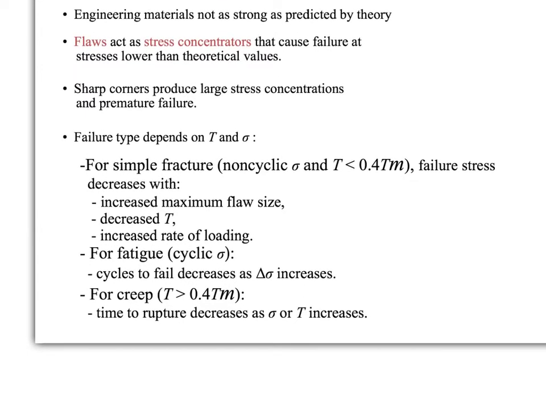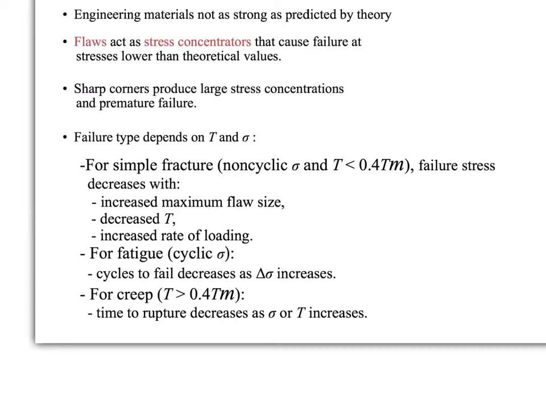So a lot of failure type depends on temperature and or stress applied. For simple fracture, where the temperature is less than 0.4, or 40%, of the absolute melting temperature of the material, and is non-cyclic, so it's not being repeated or applied at even intervals over a long period of time, failure stress in those circumstances will decrease with an increased maximum flaw size.